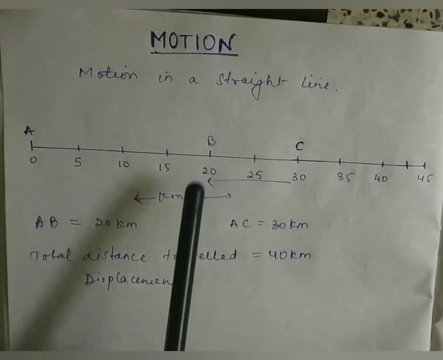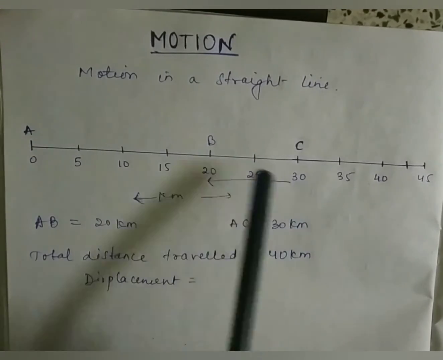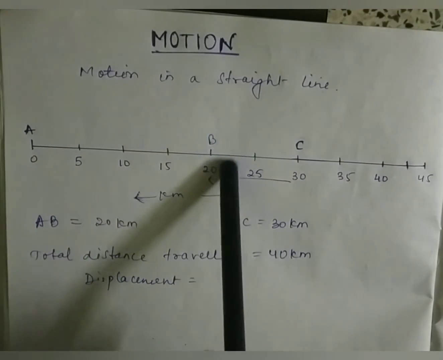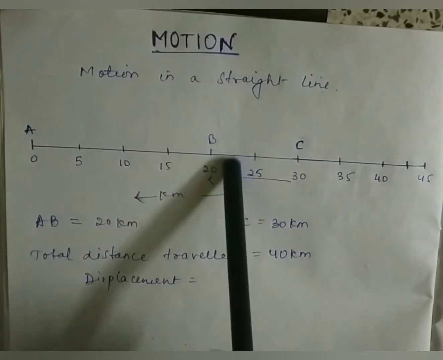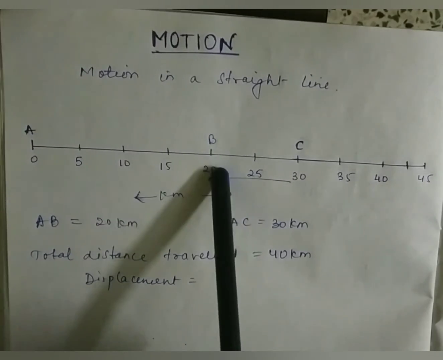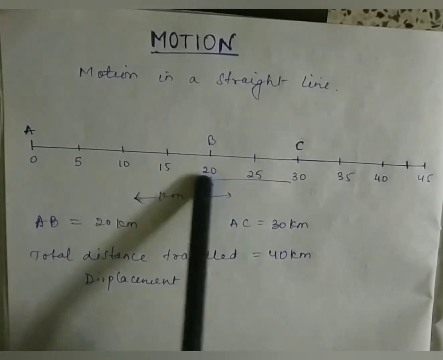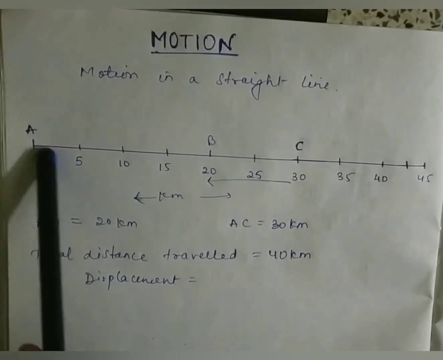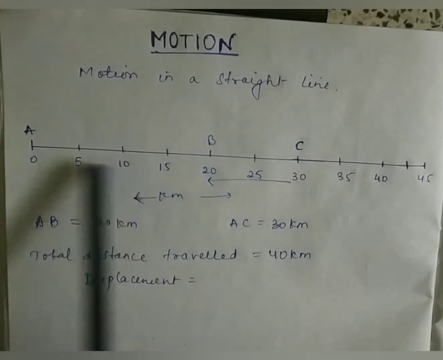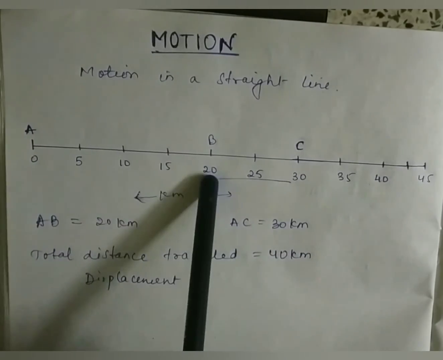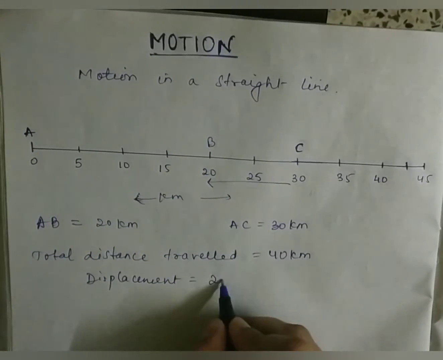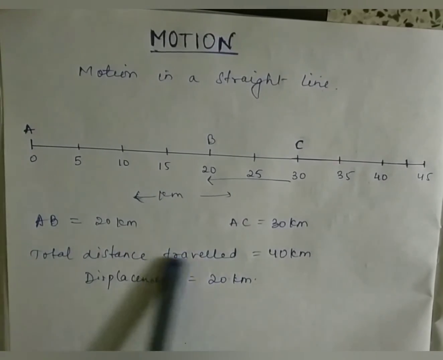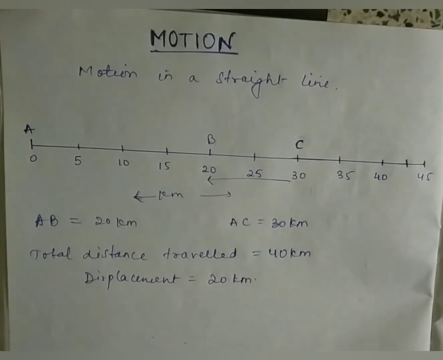Now after you traveled back to point B from point C, the final position of yours is position B. And what is the shortest distance between your initial point, that is A, and the final position B? It is 20 kilometers. So your displacement will be 20 kilometers. But the distance traveled by you is 40 kilometers.